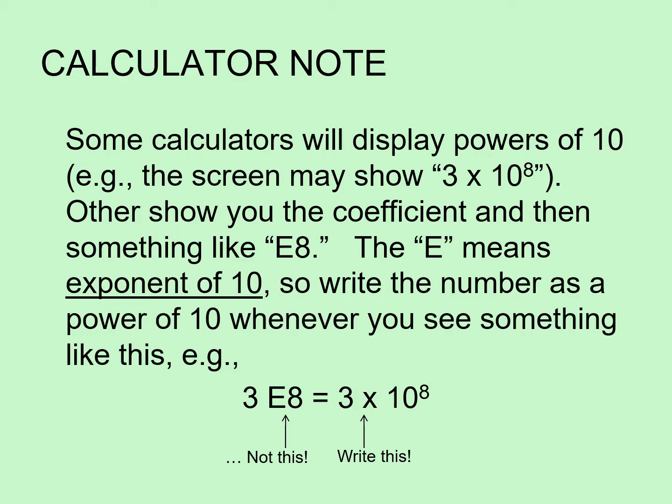So it treats 3E8 as 300 million. Whereas if you type in on your screen 3 times 10 to the 8th power, your calculator actually sees that as two numbers being multiplied by each other. And that will change the order of operations in some problems. So learning how to type and read the exponent notation is actually a very useful skill.